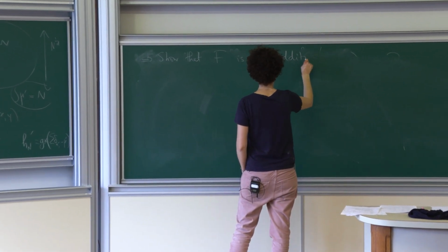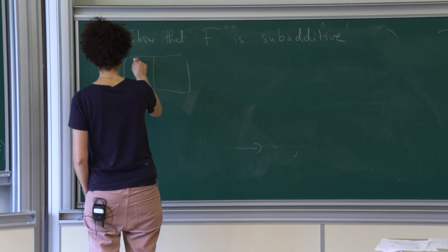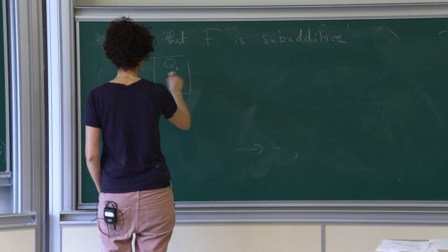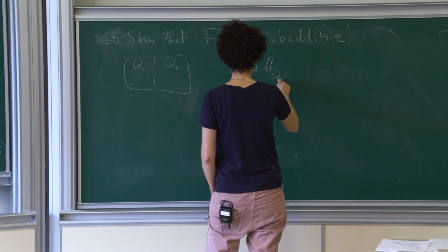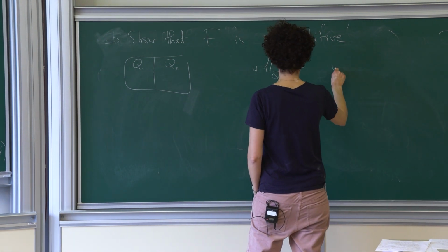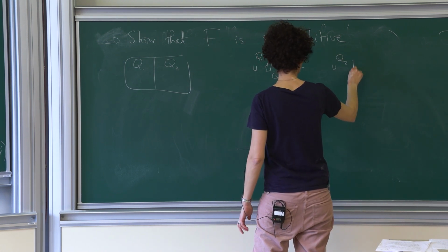So how do you do that? Again, you have your two cubes, Q1, Q2. So you have U Q1 in Q1, and you have U Q2 in Q2.